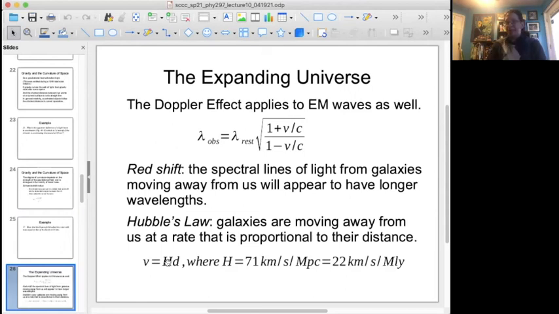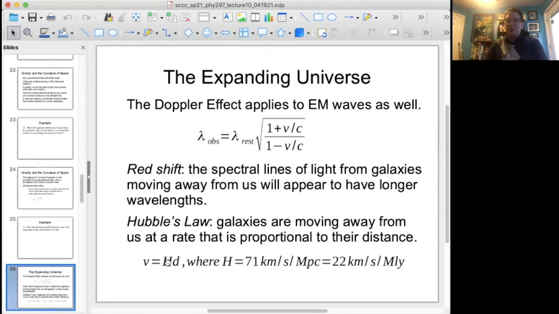And it's a simple linear equation where the proportionality constant H is called the Hubble constant, which is equal to 71 kilometers per second per megaparsec, or 22 kilometers per second per mega light year.